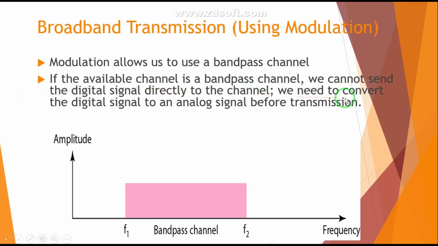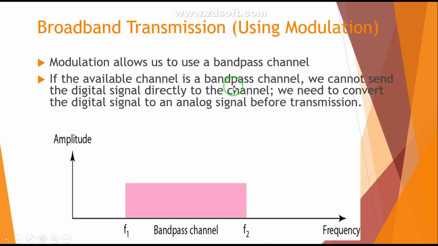Remember, we need to convert that digital signal into analog signal before transmission. In order to transmit the digital signal, we always require a low pass channel with wider bandwidth. But if you don't have a low pass channel, you have a band pass channel, that is a frequency limited to f1 to f2, then you need to convert the digital signal into analog signal before transmission.